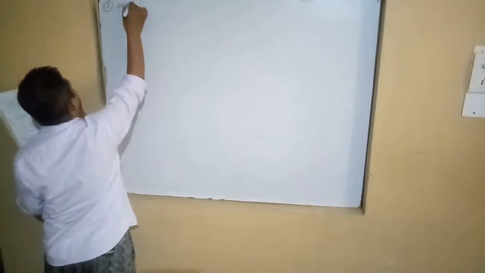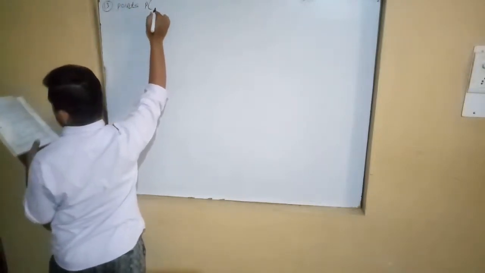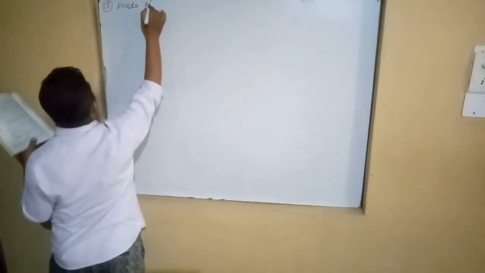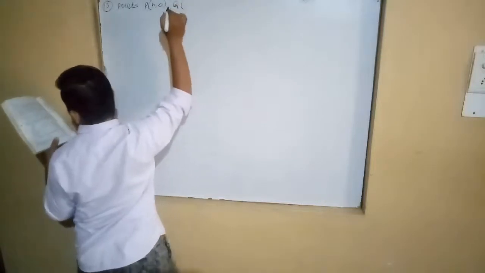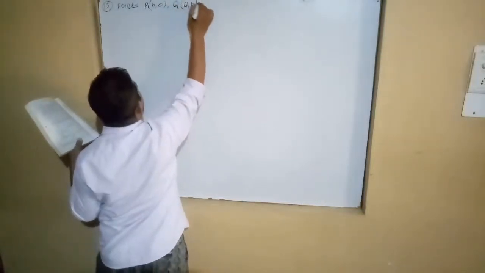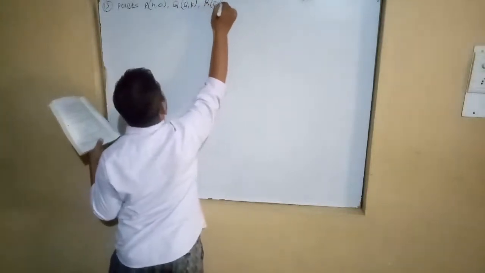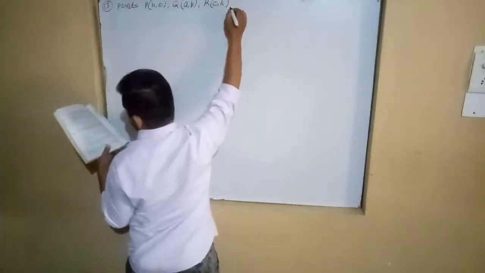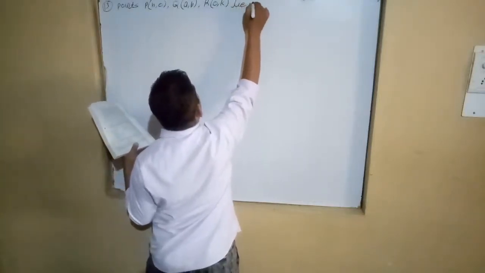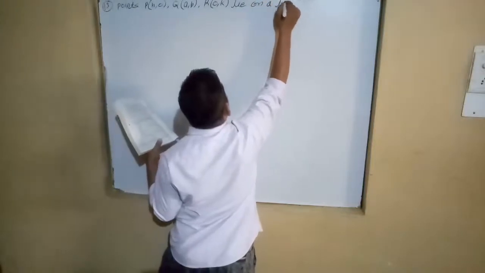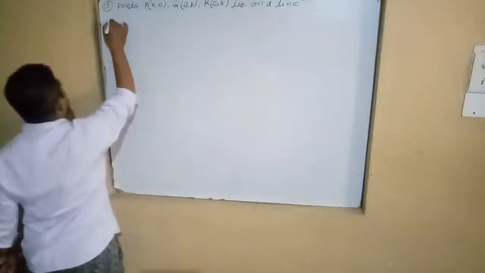Points, let P be (h, 0), let Q be (a, b) and R be (0, k) lie on a line.